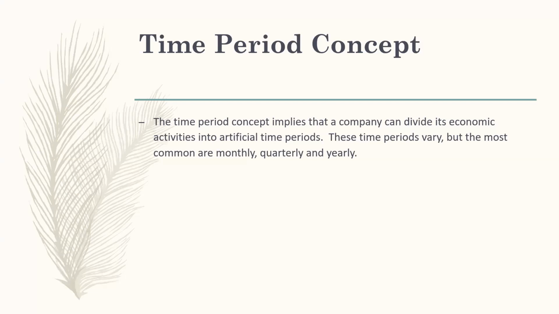These time periods vary, but the most common are monthly, quarterly, and yearly. So once a business is in operation, they can decide to do their accounting statements on a monthly basis. They could also do it on a quarterly basis, which is every 3 months, or they could do it on a yearly basis, every 12 months.